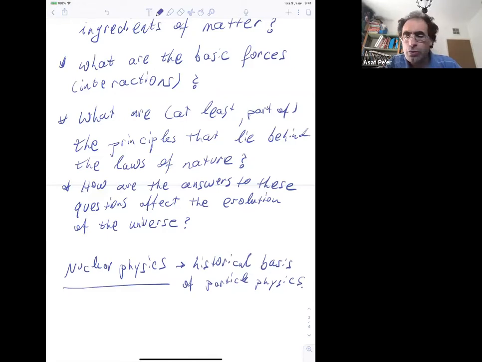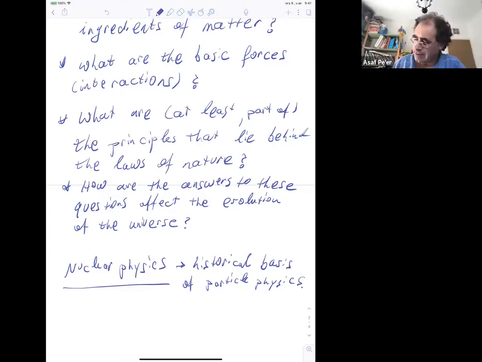We do use, not me, but scientists that deal with that do use nucleons in laboratories to study various aspects of particle physics. In particular, things such as the strong force, which is the force that binds the protons and the neutrons together in the nucleus, conservation laws, etc.